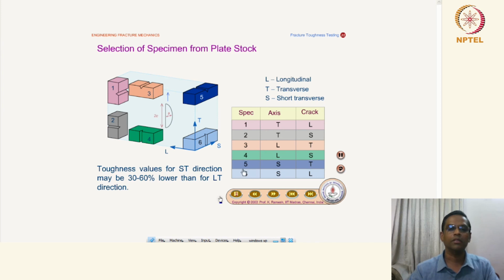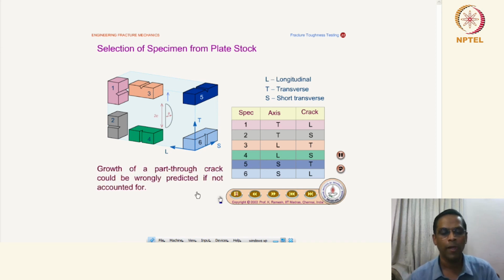This is a table specification where the axis and crack orientations are given, where L is longitudinal, T is transverse, and S stands for short transverse. Toughness values for ST directions may be 30 to 60% lower than the LT directions. These are recommendations on how to take the samples from the material stock before we perform the test. So that is very important.